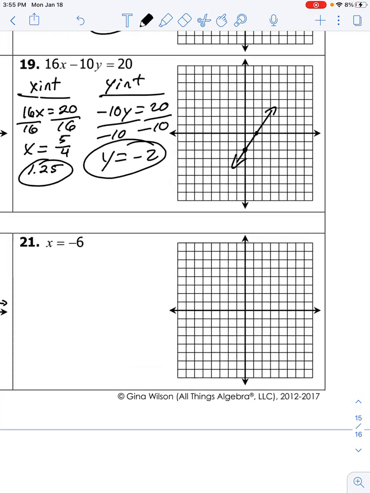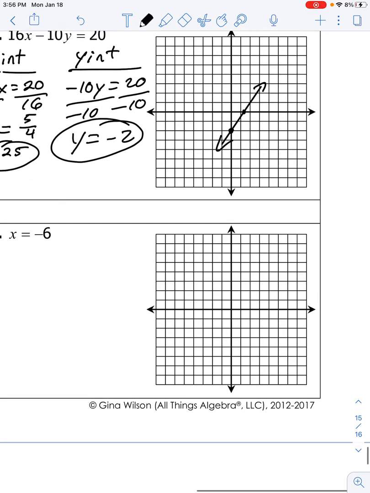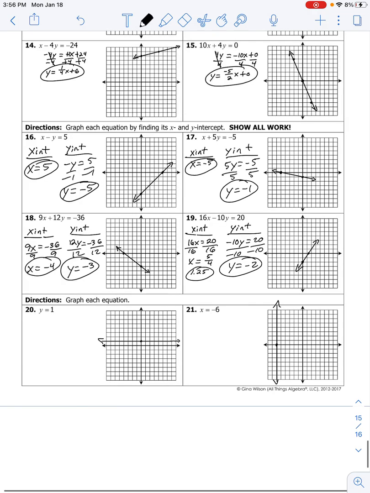And then an x equals is going to be a vertical line. So a vertical line at -6. So plot -6 on the x-axis. And then draw a vertical line. Like so.